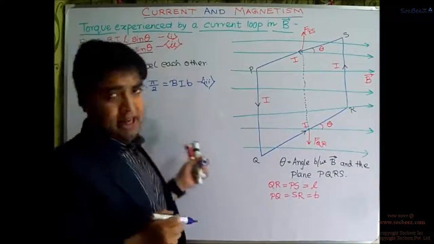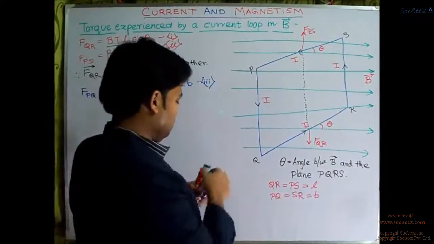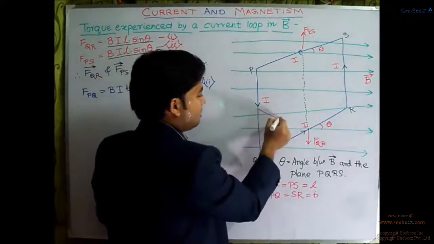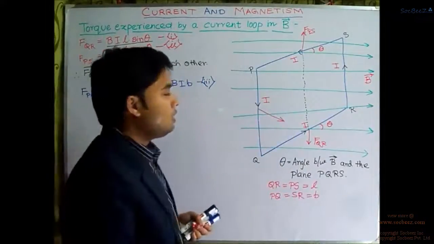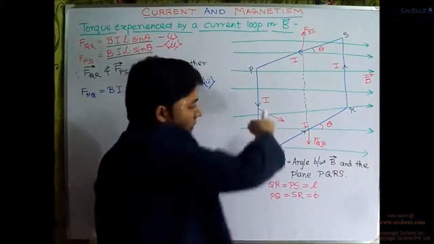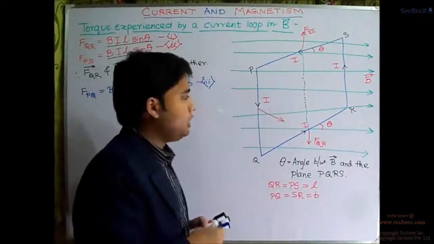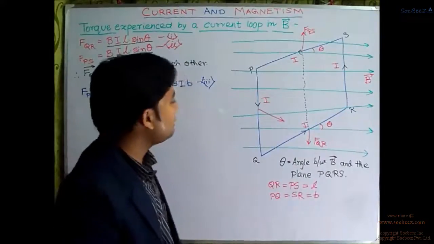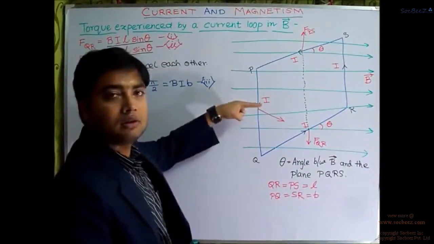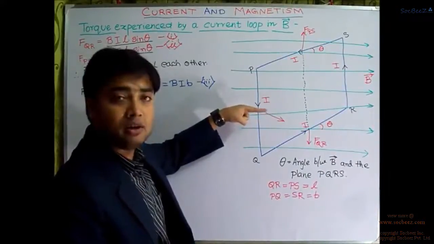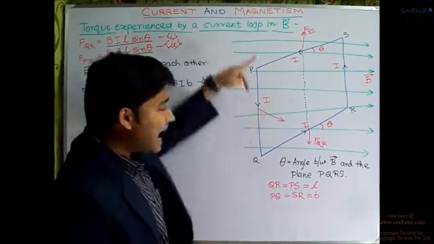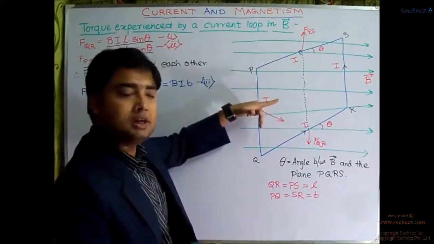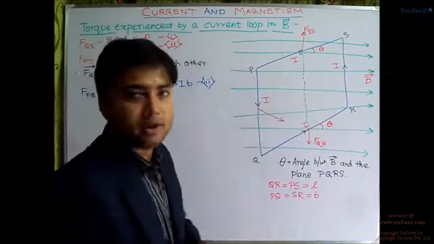Now the direction of this PQ will be along like this. The direction of PQ will be towards the reader if we apply Fleming's left-hand rule. How? Let us check over here. This is B, the forefinger, the index finger, the middle finger as I in this direction. Then where will be the force? Along the thumb. See, it is coming out of the paper, towards the reader, right?